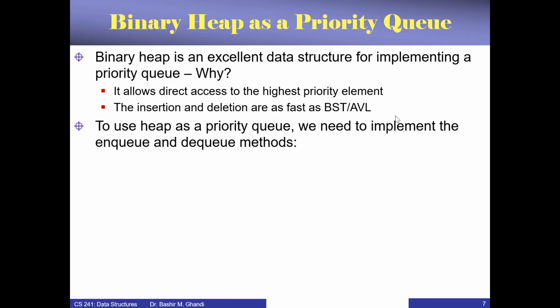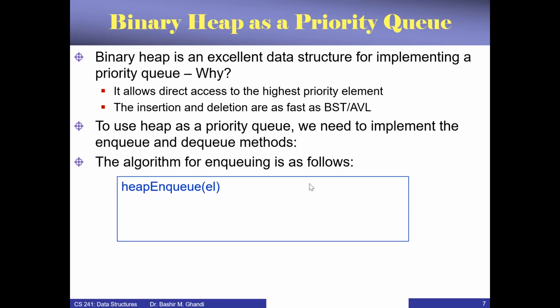Now, to use a binary heap to implement priority queue, we need to be able to implement the two main operations of a priority queue, which are enqueue and dequeue. So we're going to see how we can do this, starting with enqueue. How do you enqueue an element in a binary heap?